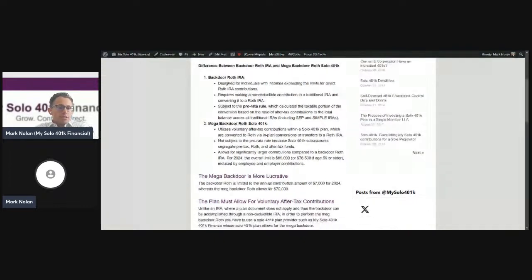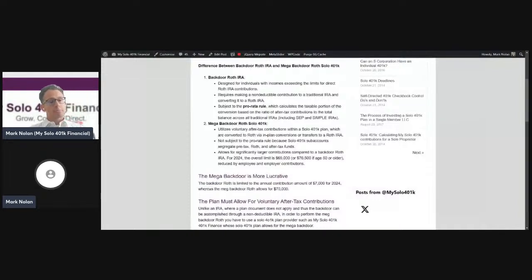Now, it's important to note that the backdoor Roth, when compared to the mega backdoor Roth, is subject to the pro rata rule. The pro rata rule calculates the taxable portion of the conversion based on the ratio of after-tax contributions to the total balance across all traditional IRAs, including SEP IRAs and SIMPLE IRAs.